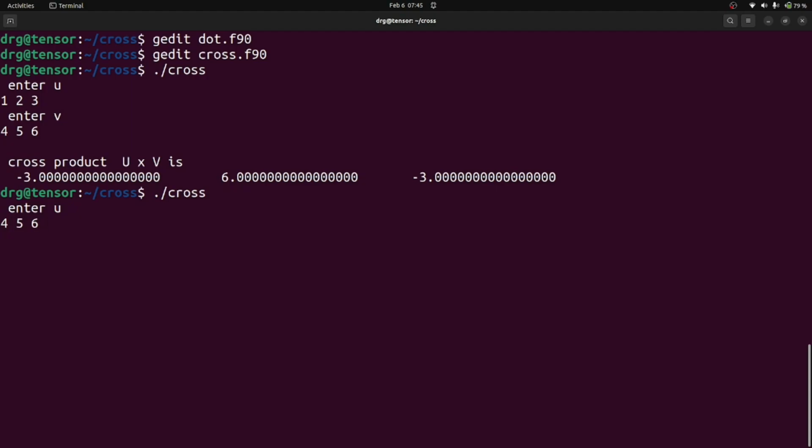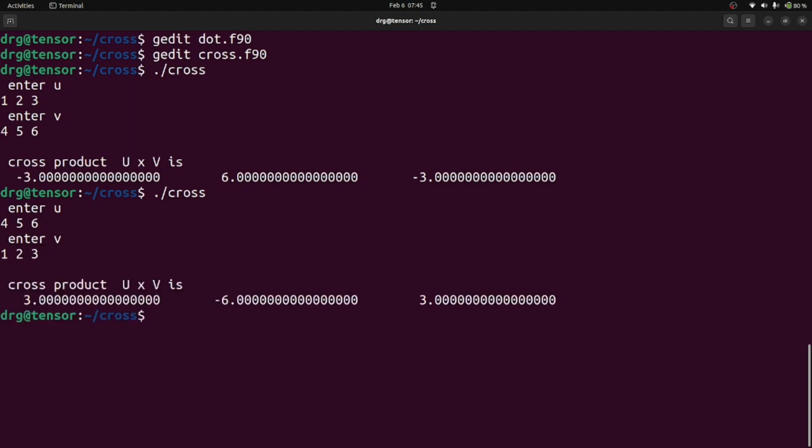The second vector from the previous example now plays the role of the first one. And the other vector is 1, 2, 3. And as you can see, this is in fact the negative of what we got before. Let's do another example of this.